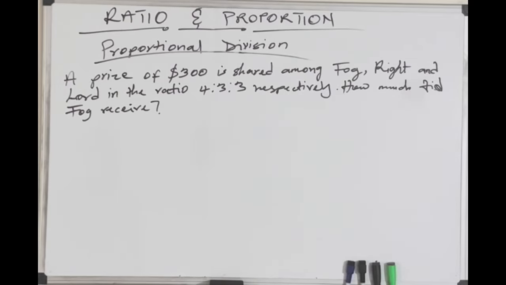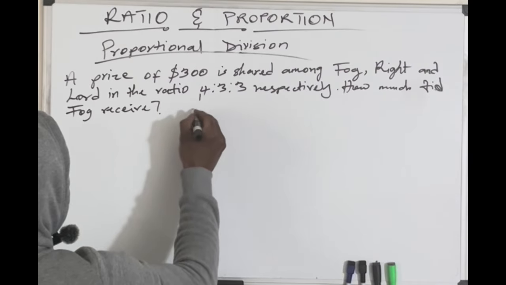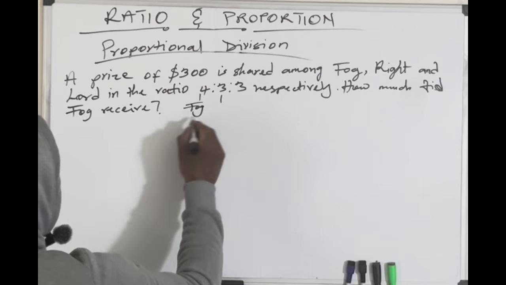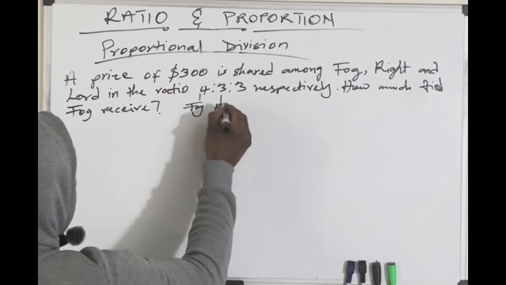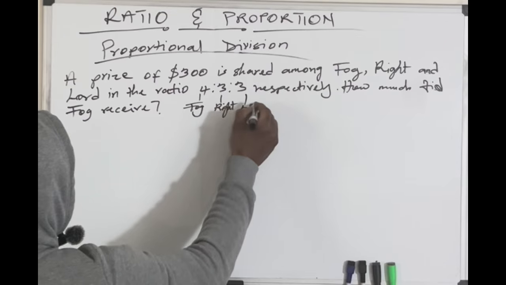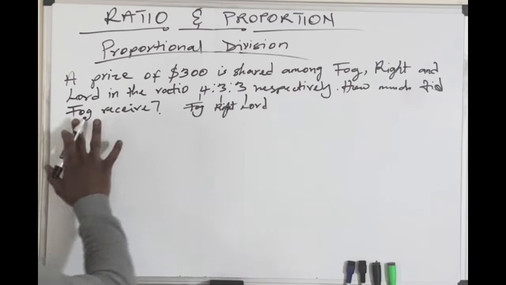The price of $300 is shared among Fogg, Wright, and Lord in the ratio 4:3:3 respectively. How much did Fogg receive? If it's respectively, then Fogg is for the 4, 3 is for Wright, and the other 3 is for Lord.